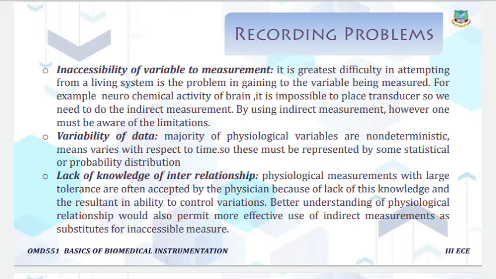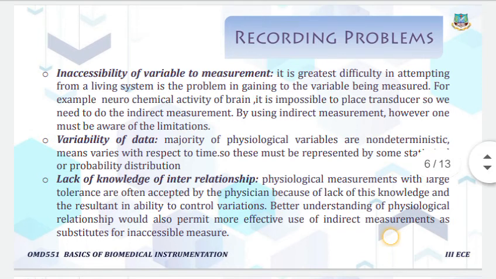Next one, lack of knowledge of interrelationship. Physiological measurements with large tolerance are often accepted by the physician because of lack of this knowledge and the resultant inability to control variation. That is, there will be some error value, and within this error we can accept it for measuring.